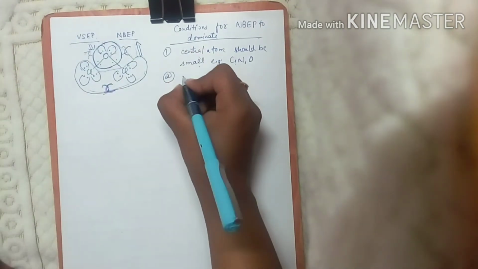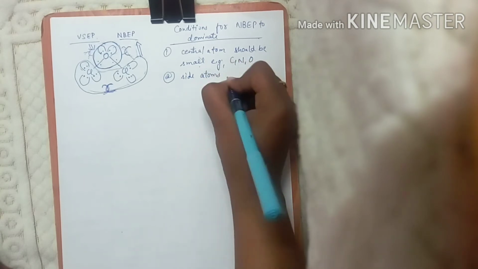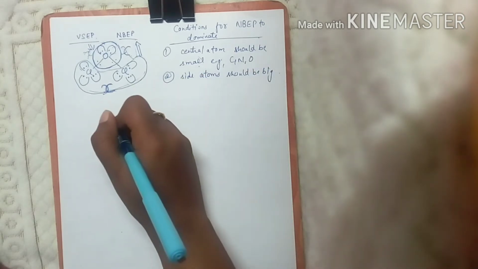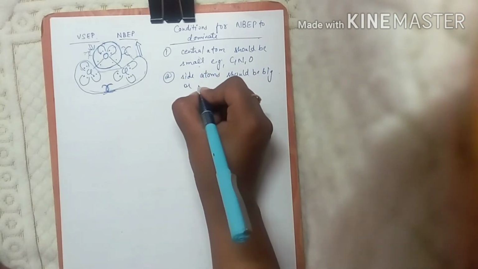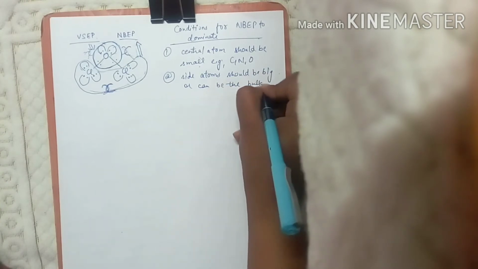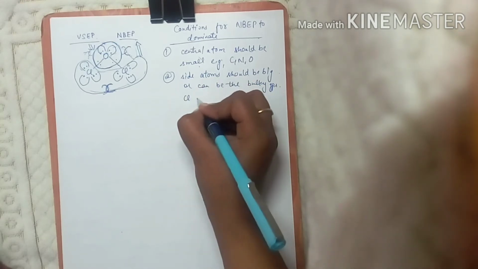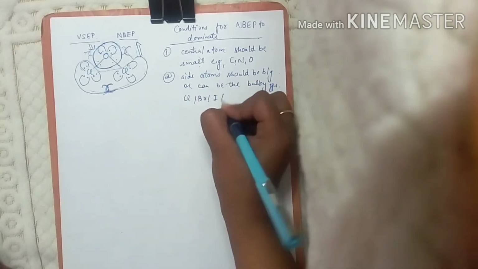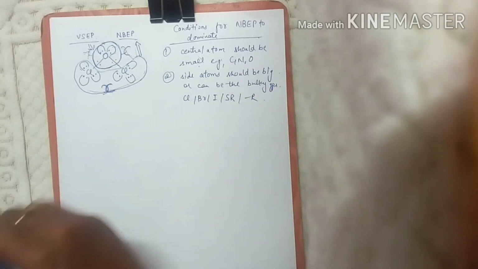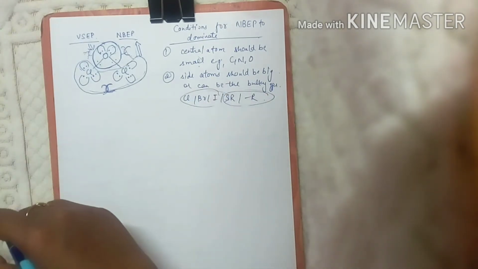So the second condition is that side atoms should be bigger in size, or can be bulky groups. For example, chlorine, bromine, iodine, SR group, or any organic or alkyl group. These are always bulky in nature and bigger in size.